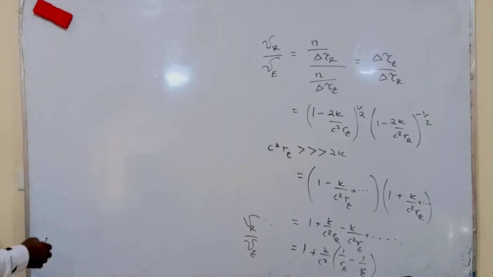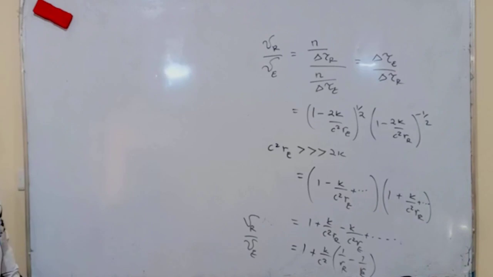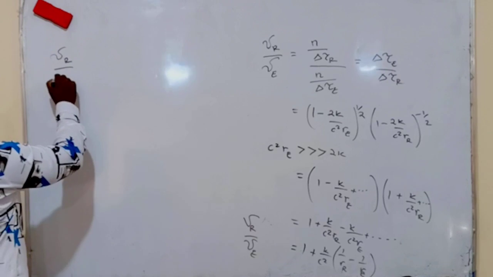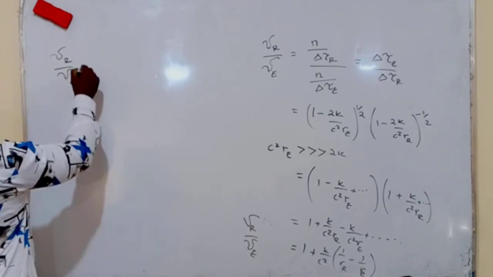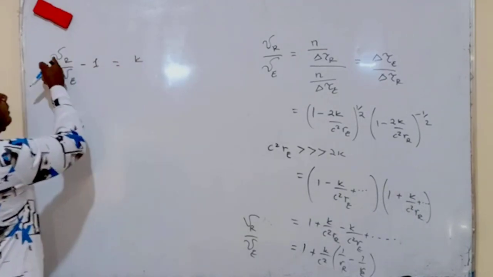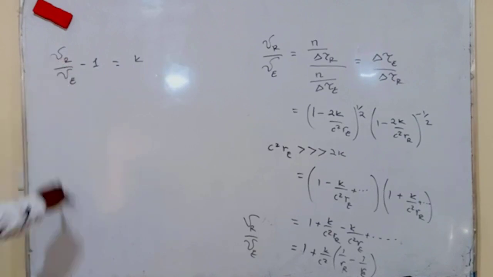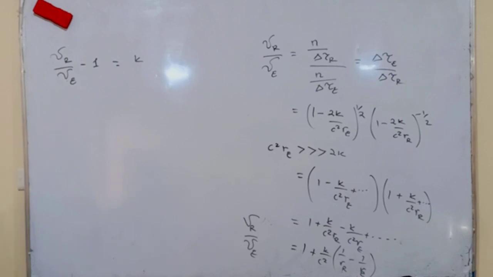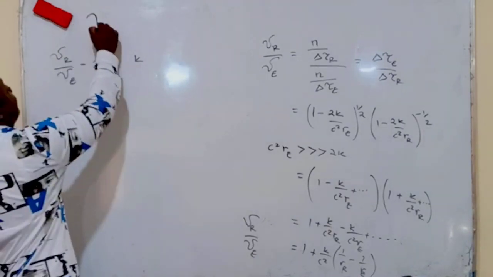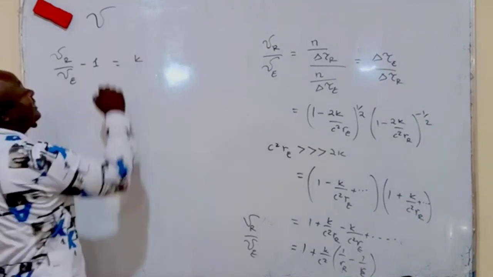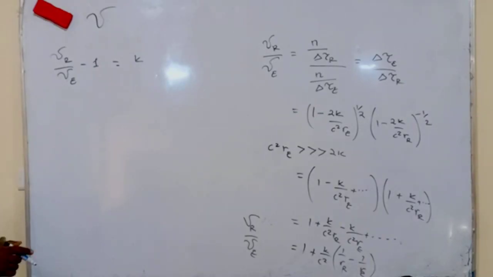So from there, if the 1 comes to the other side, we'll end up with nu_r. I'm calling it v, it's not v. What is that symbol? What is the Greek letter? It's nu. Is it nu?